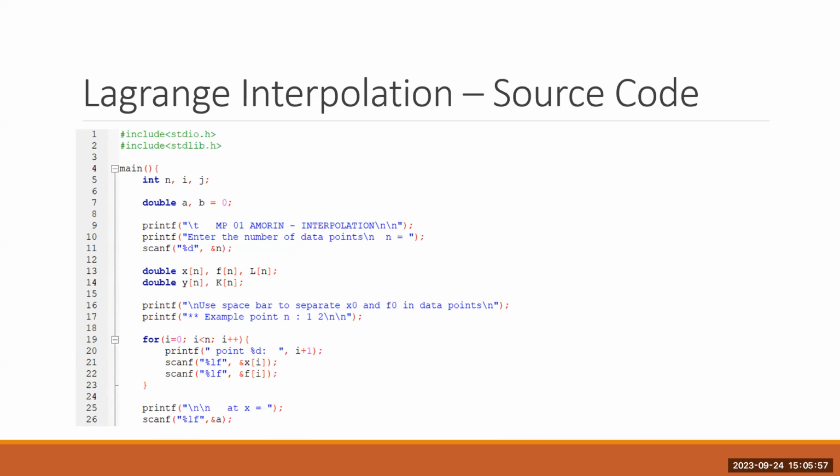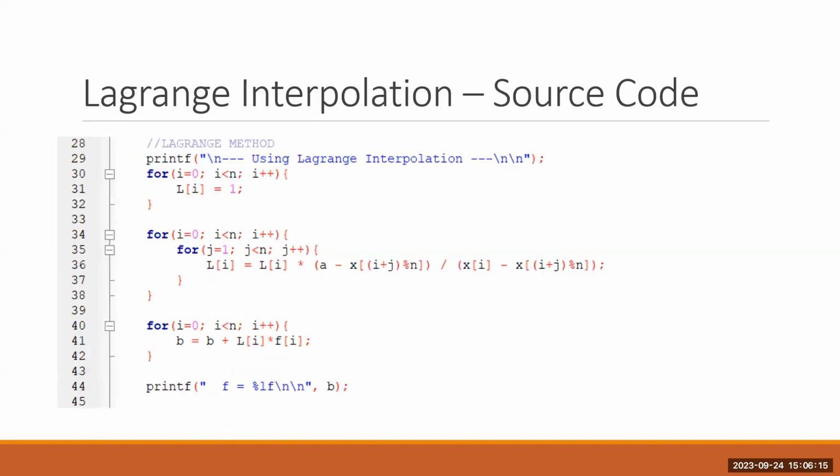For each data point, it calculates L based on the formula of the Lagrange polynomial. The interpolated value B is the sum of the products of L and the corresponding value F, as shown on the screen.